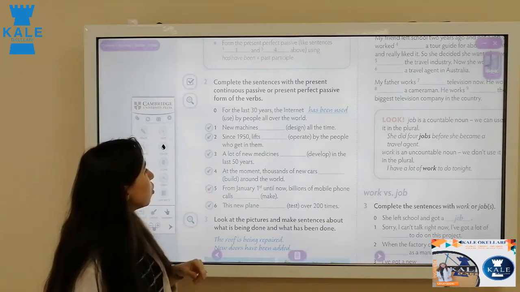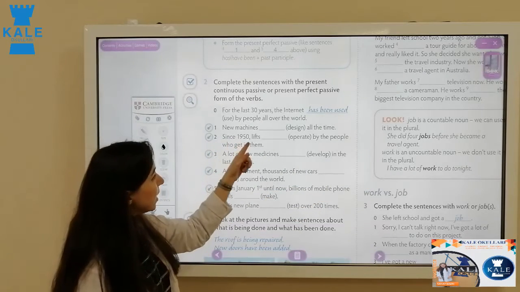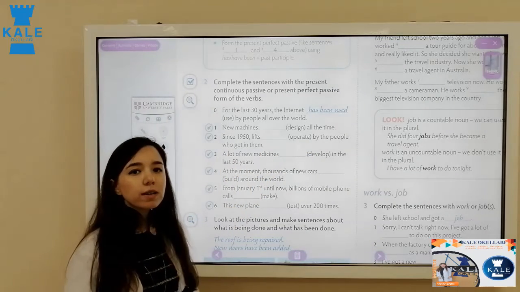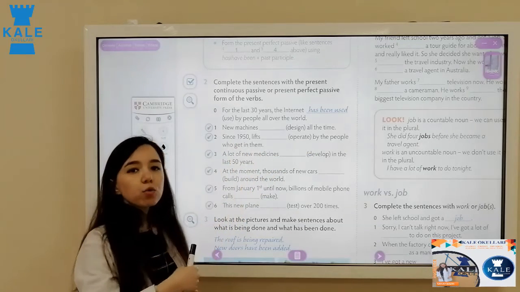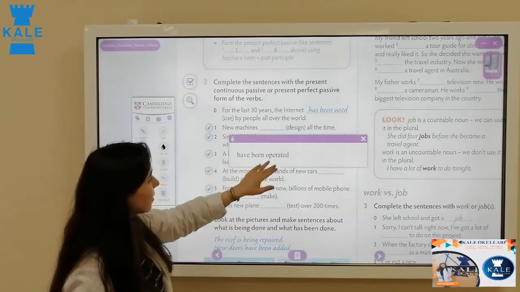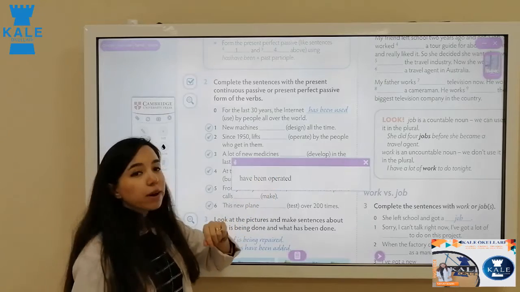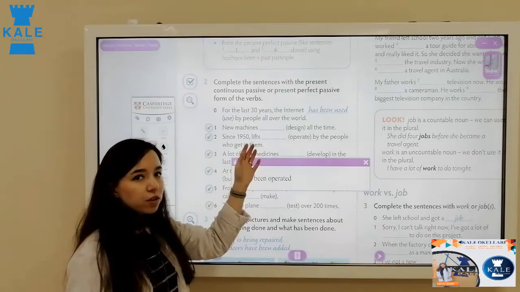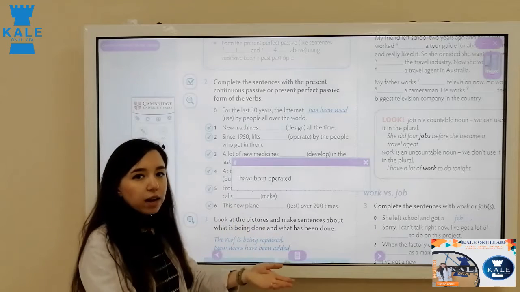So, number 2. Since 1950, lifts operate by the people who get in them. So, what do you think? In my opinion, here we have to write present perfect. Let's check the answer. Yes, exactly. Have been operated. Why? Because since 1950, it's not finished. Yes, lifts are operating every day.